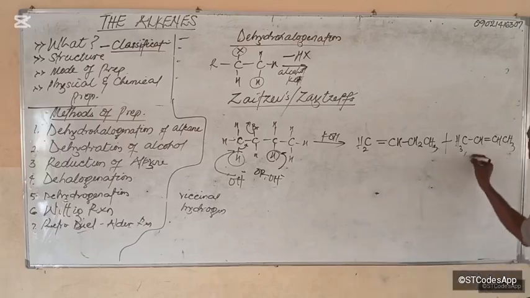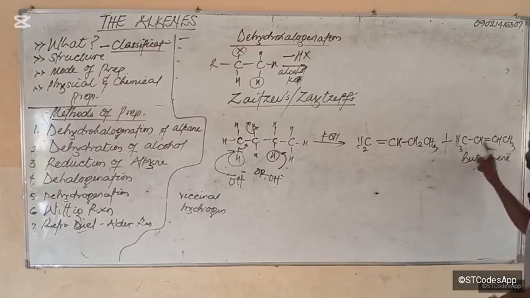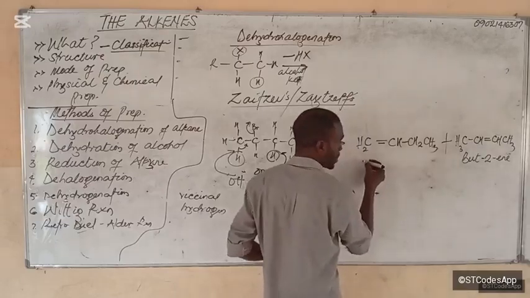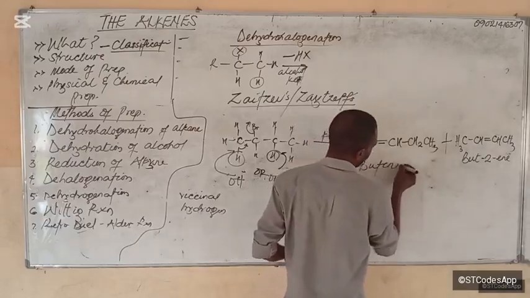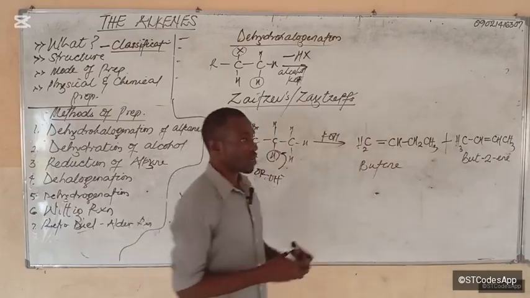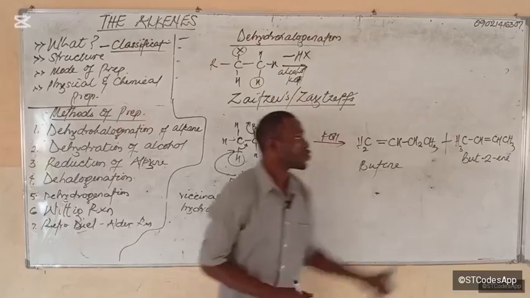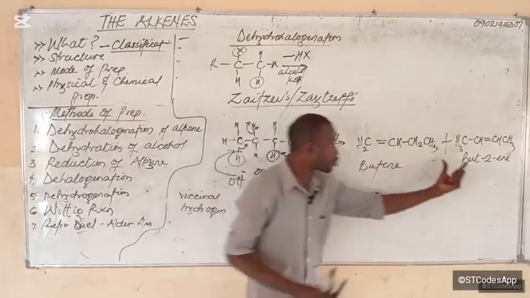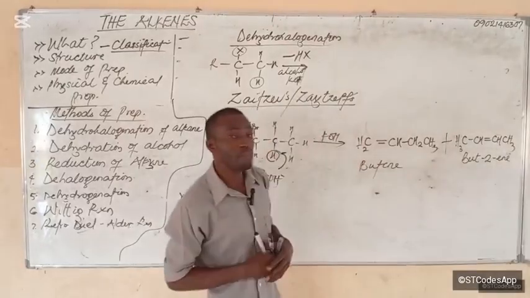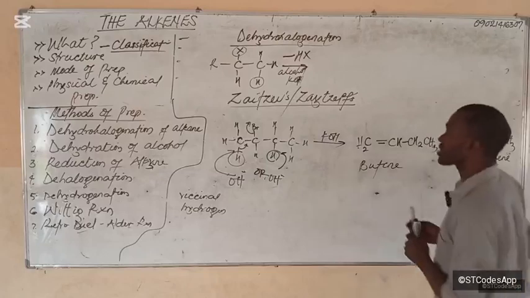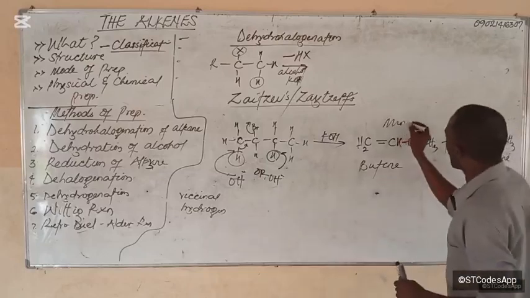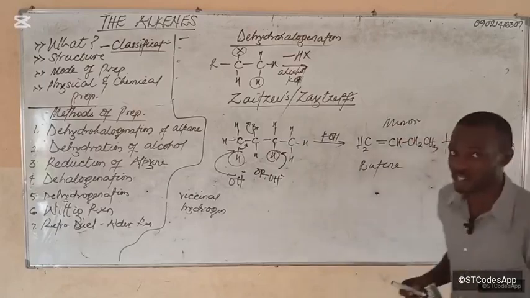So this is 2-butene, and this will be 1-butene. So this is butene, right, and this is butene. So where the possibility of forming a butene exists, the major product according to Saytzeff's rule is going to be the most substituted, and the minor product will be the least substituted.